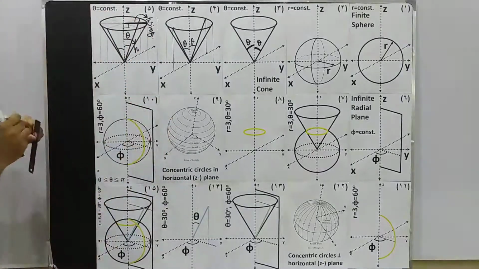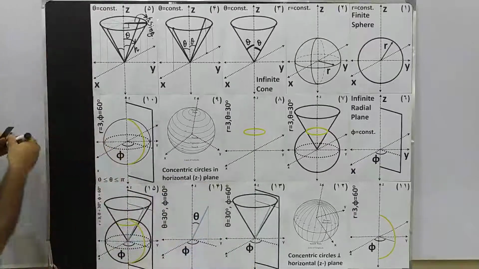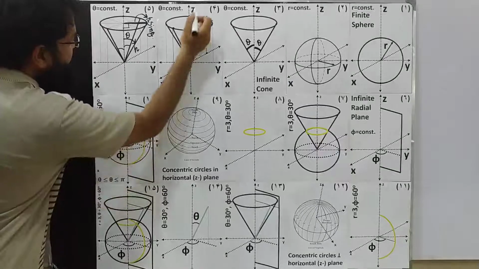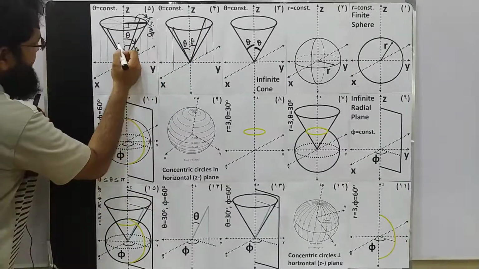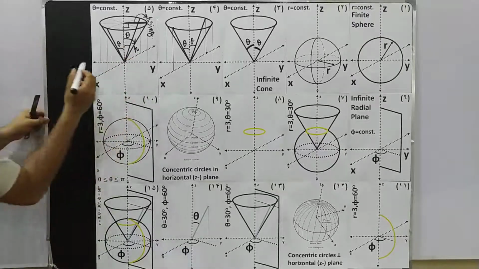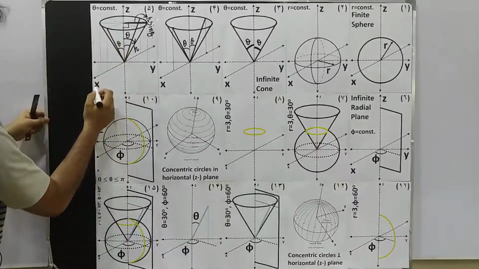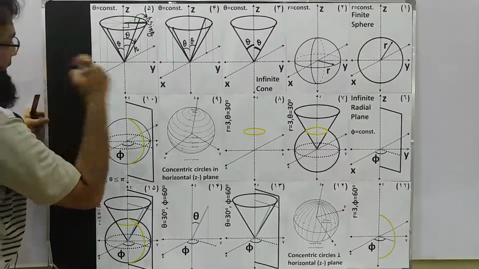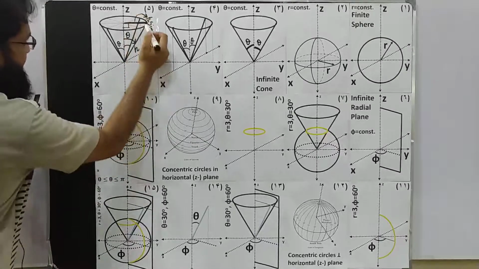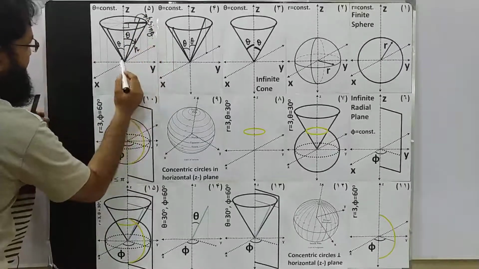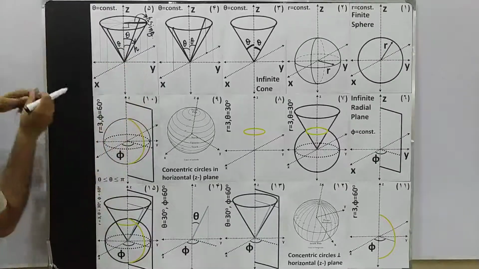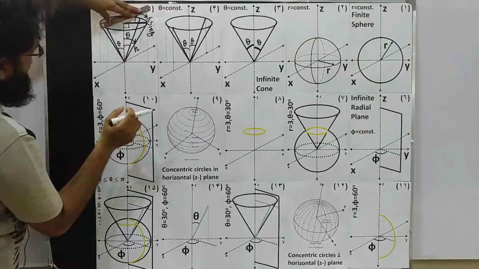Or I can equivalently find it with respect to this line, which was on the XZ plane, and that would be the same, because this line is along the XZ plane, while the other line was on the YZ plane, but it is still making an angle theta with respect to the z-axis.